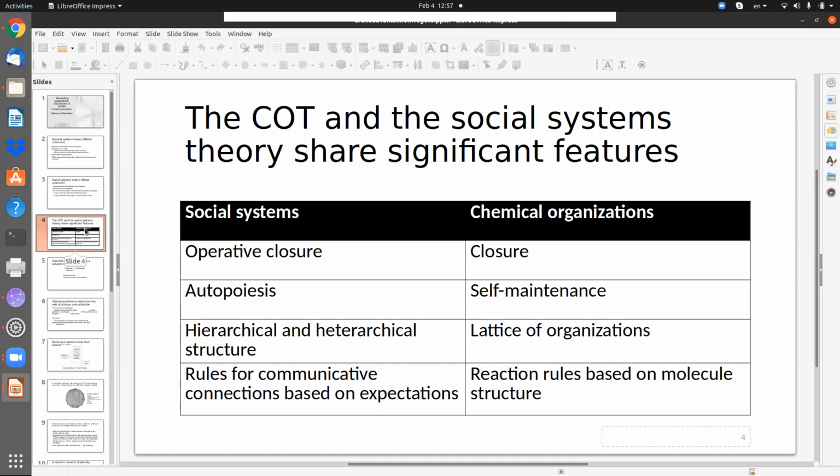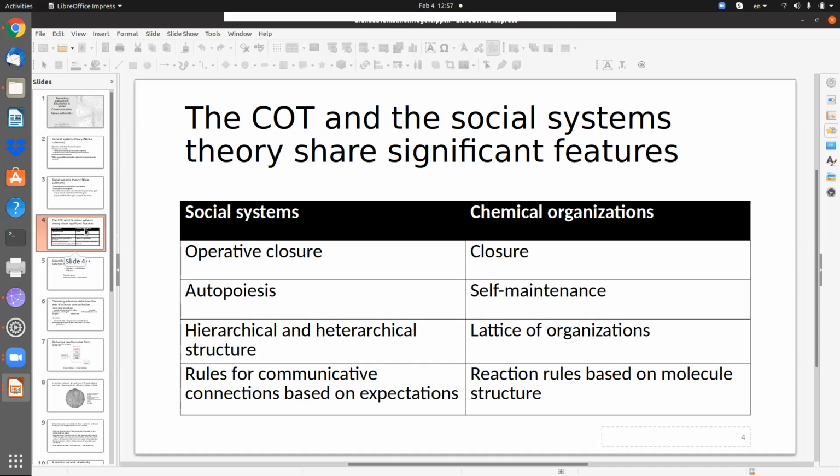So some chemical organizations are autopoietic, but the problem is we are looking for a process, and we are calculating a process that might not be possible in the real world. So it's just a mathematical object.